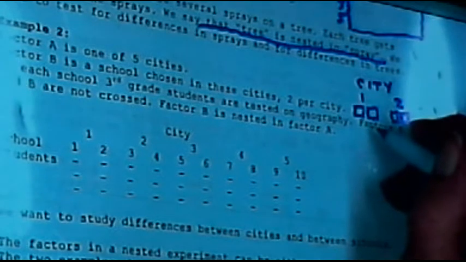And the point is that these classes are different from one to the other. So we say that the factor B, the classes, are nested in factor A, and maybe using the word nested in this sort of typical English language way makes sense. The schools are inside the cities here in this example.